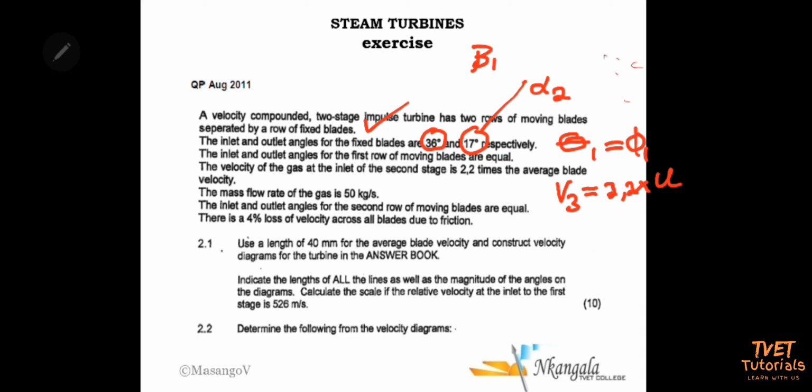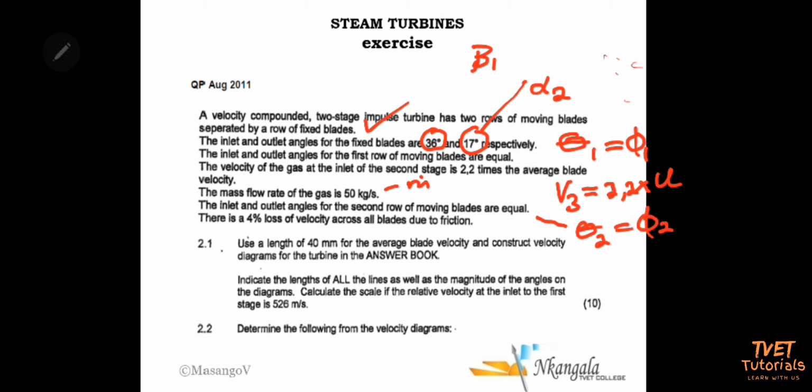Fine. The mass flow rate is 30 kilograms per second. So that is m dot for calculating power and axial thrust. The inlet and outlet angles of the second row of moving blades are equal. So this one, theta 2 equals phi 2.